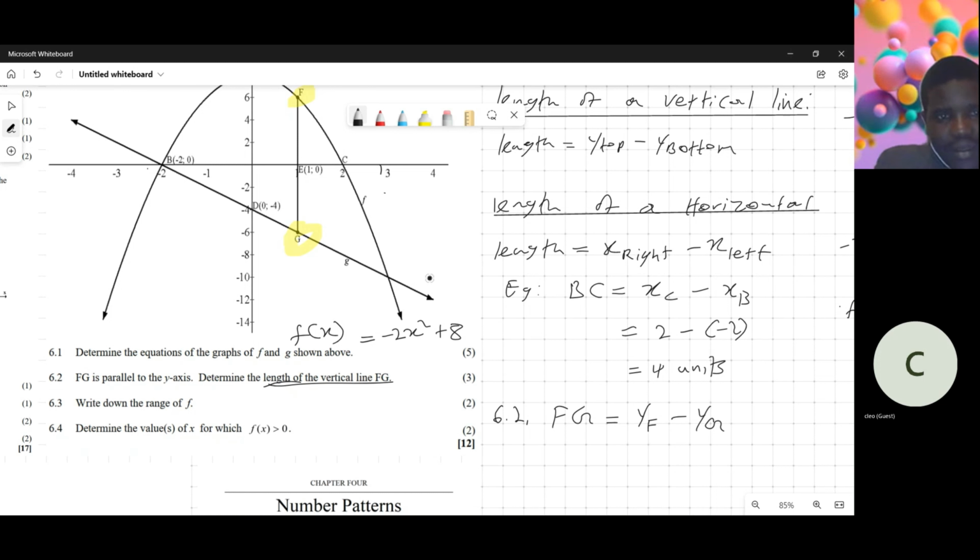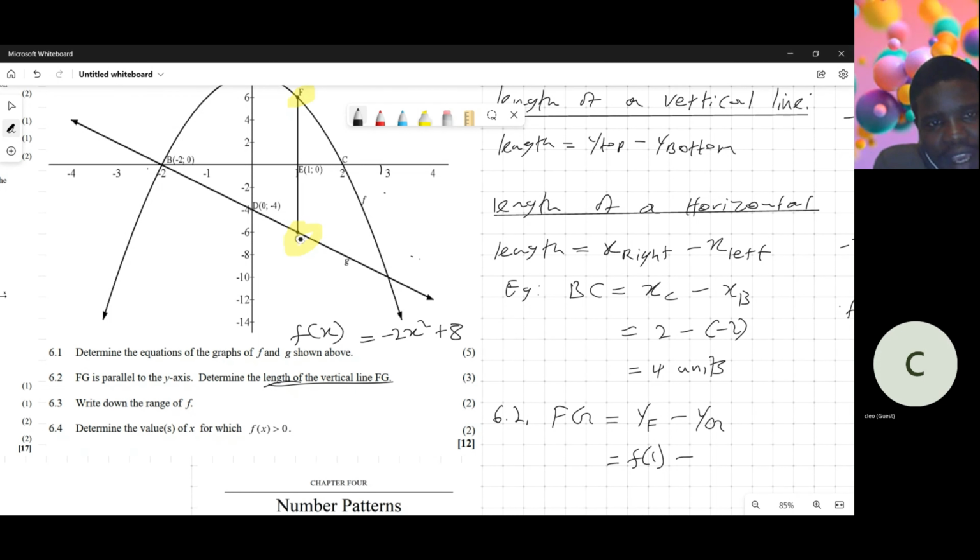So if you want to get the value of y at F, we need to substitute the value of x at F in f of x. So the value of y at F is the same as f of 1, meaning we've substituted x equals 1 in F minus, then let's go to G.